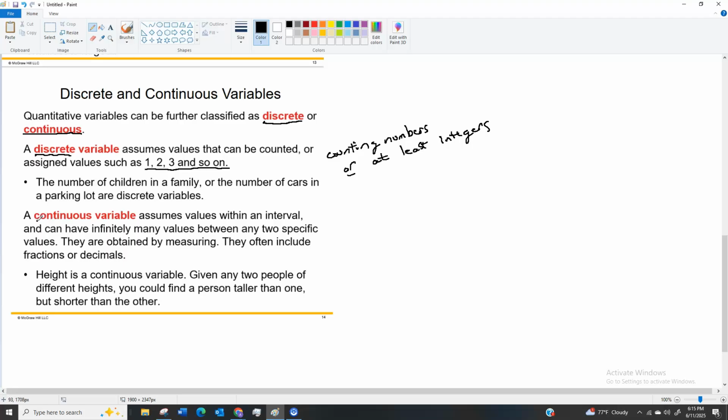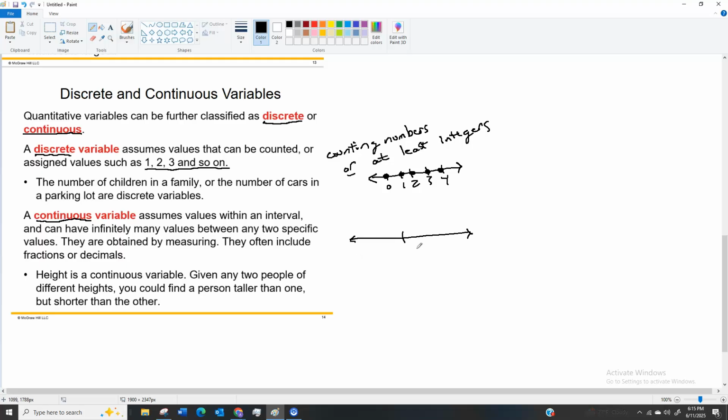And then a continuous variable is anything that has an interval. Now, if you think of a number line, think up here of 0, 1, 2, 3, 4. Discrete variables would fall right on one of those spots if you were to put them on a graph.